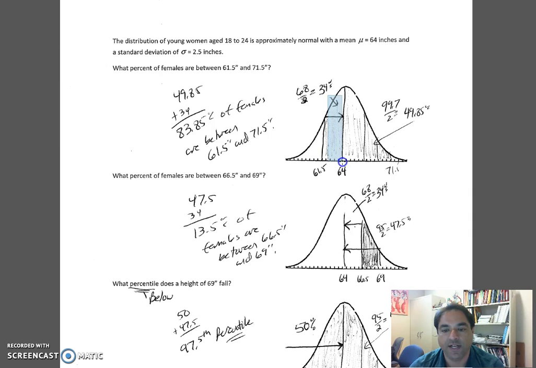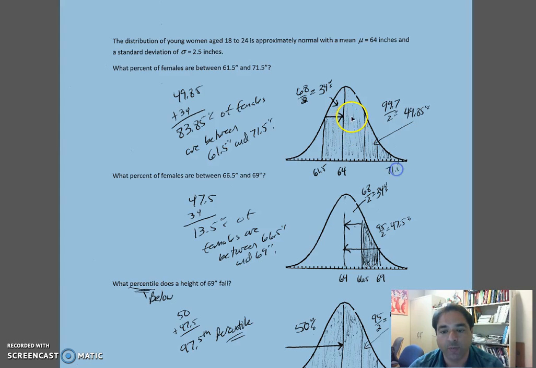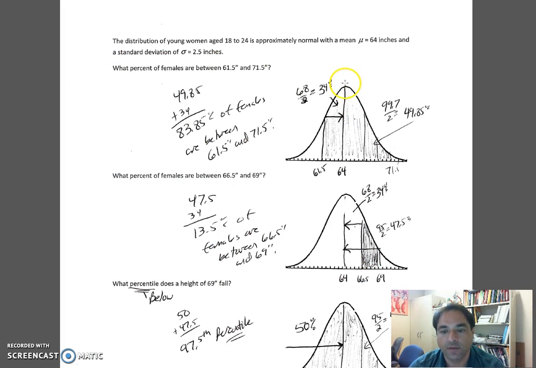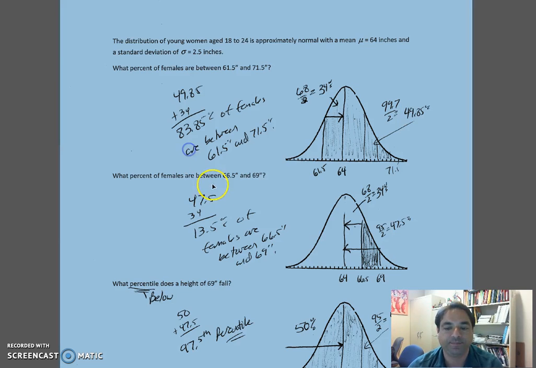When I find this side here, notice it falls in the 68% group, but I'm only going halfway. 71.5 falls in the 99.7, but I'm only going halfway. That's 49.85. Add them up. 83.85% of females are between 61.5 inches and 71.5 inches.